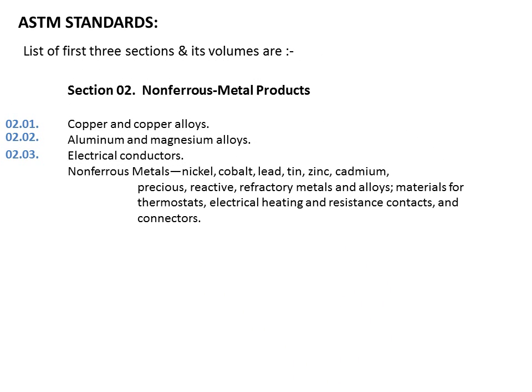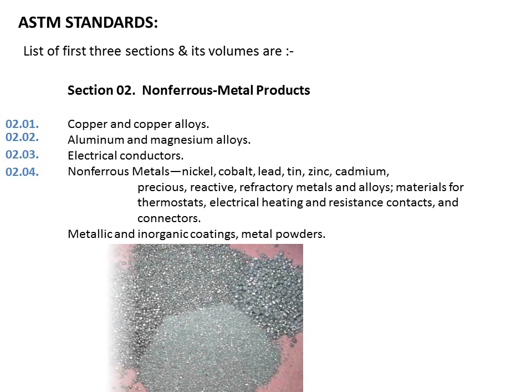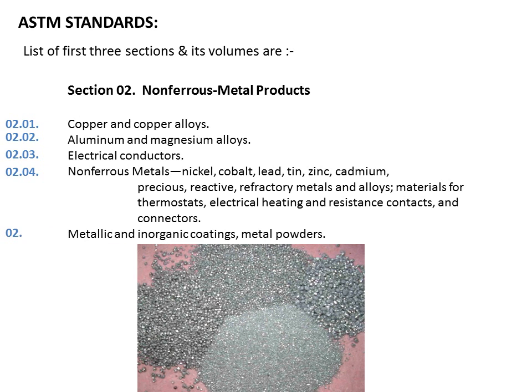For non-ferrous metals like nickel, cobalt, lead, zinc, cadmium, precious, reactive, refractory metals and alloys, materials for thermostats, electrical heating and resistance, contacts and connectors, we have a volume devoted, and that is 2.04. For metallic and inorganic coatings and metal powders, we have volume 2.05.